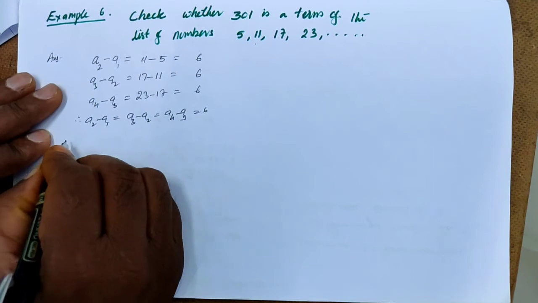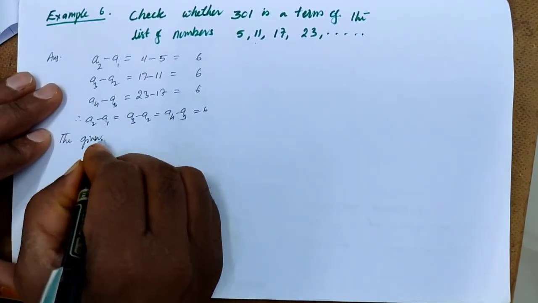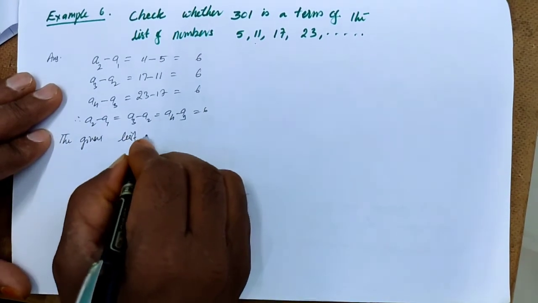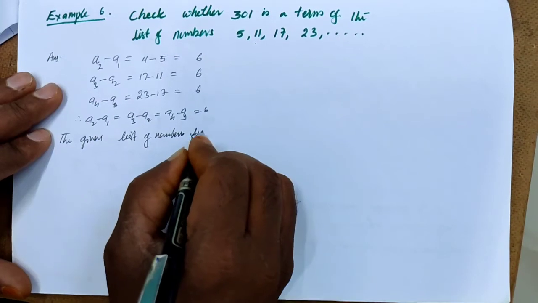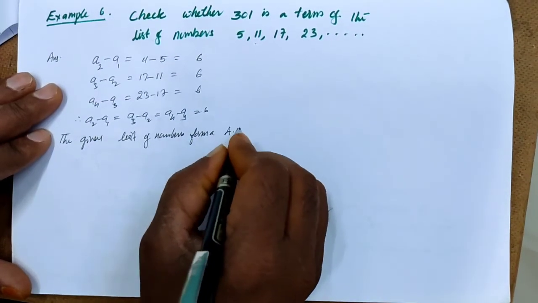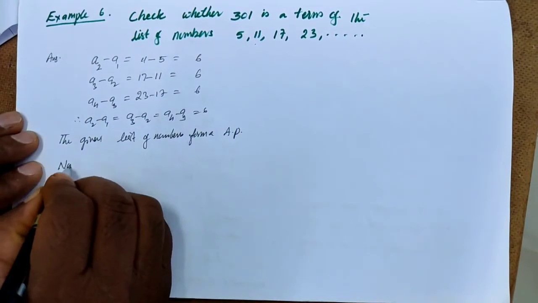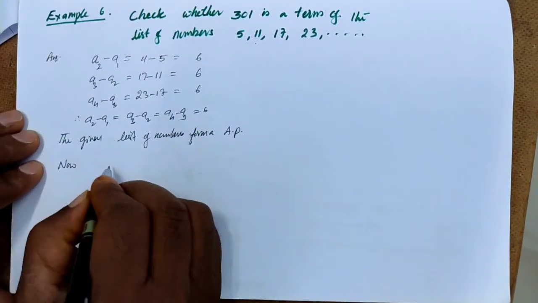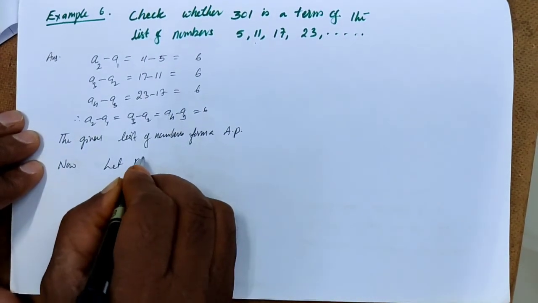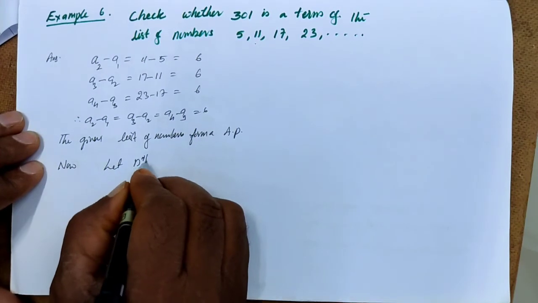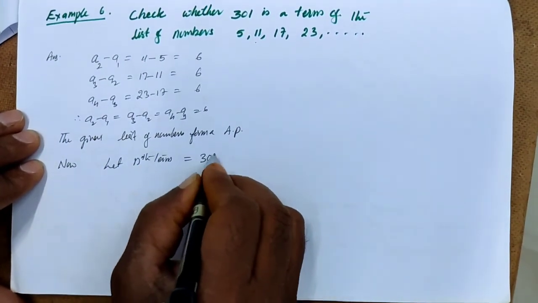So the given list of numbers forms an arithmetic progression. Now here, let the nth term be equal to 301.